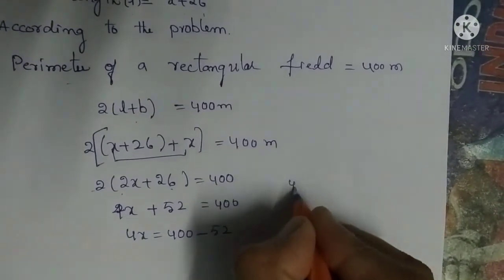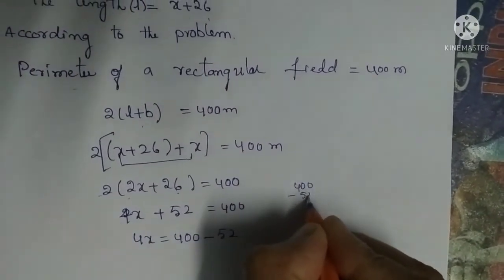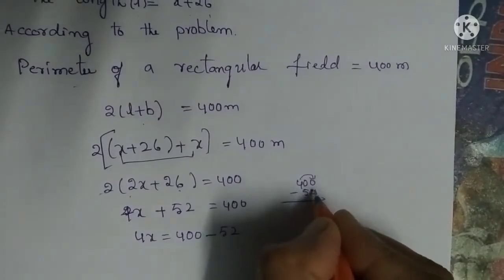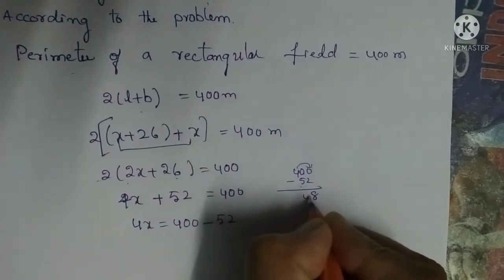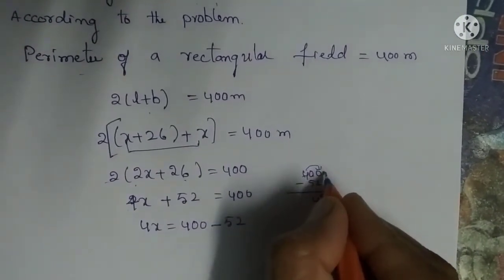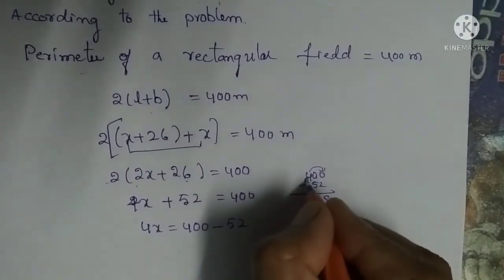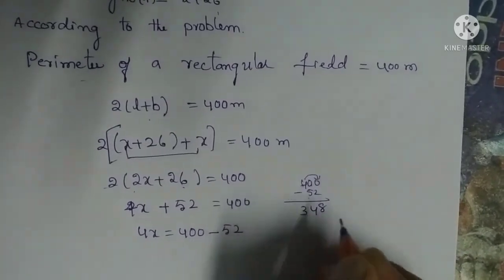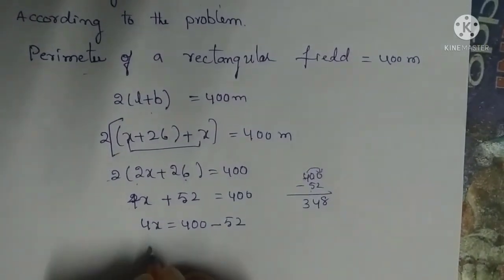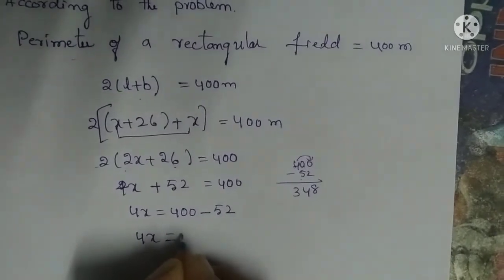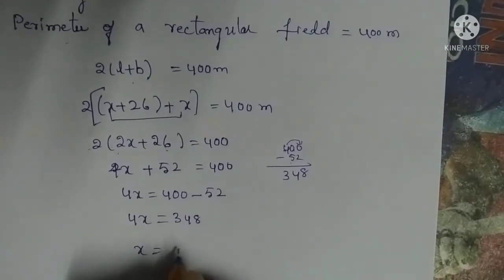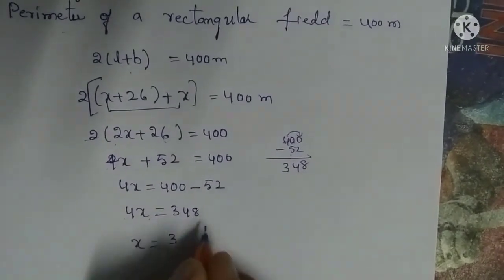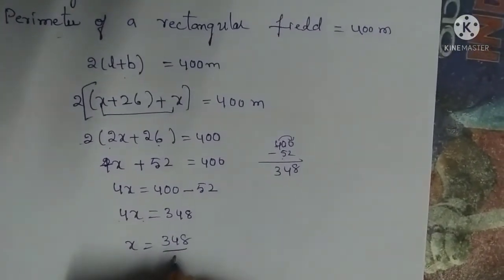So here observe 400 minus 52. Here borrowing, 10 minus 2 is 8, remaining here 9, 9 minus 5 is 4, here already borrowed, so 4 minus 1 means 3. So 348. So 4x is equal to 348. x is equal to 348 divided by 4.